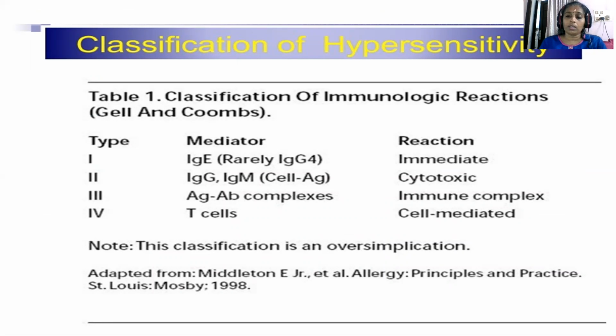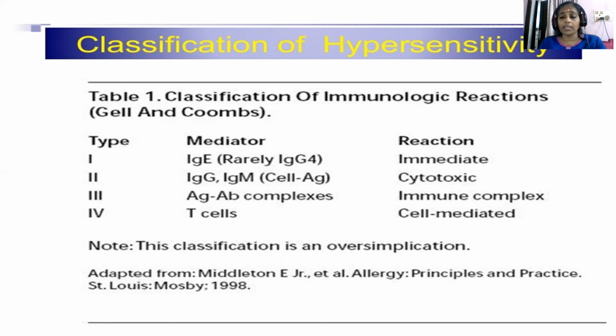Type 2 is again an antibody mediated reaction, but here the antibody is IgG and IgM. As we know, there are 5 types of immunoglobulin: IgG, IgA, IgM, IgD, IgE. So in type 1 we have IgE, and in type 2 we have IgG and IgM, which is generally a cytotoxic immune mechanism.